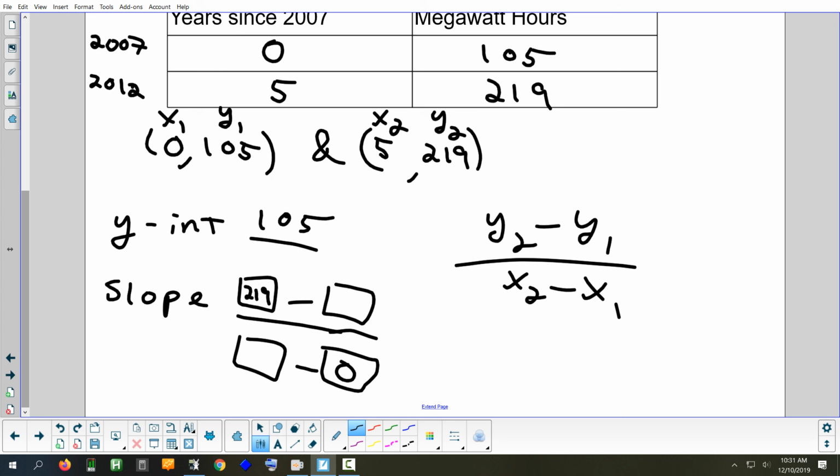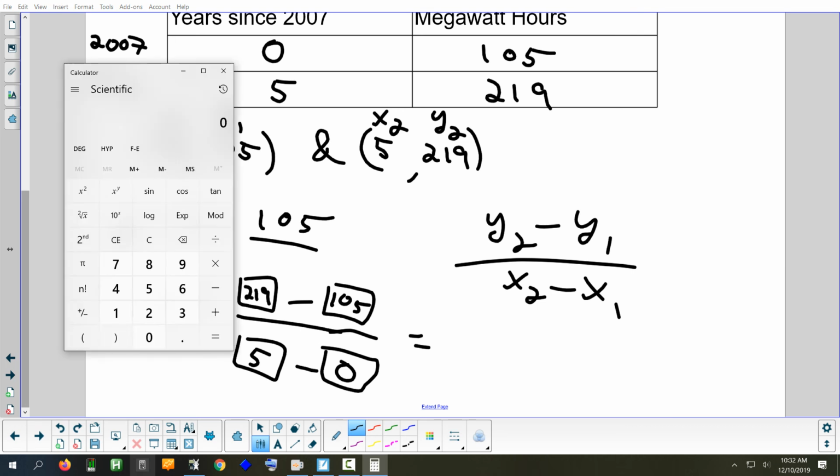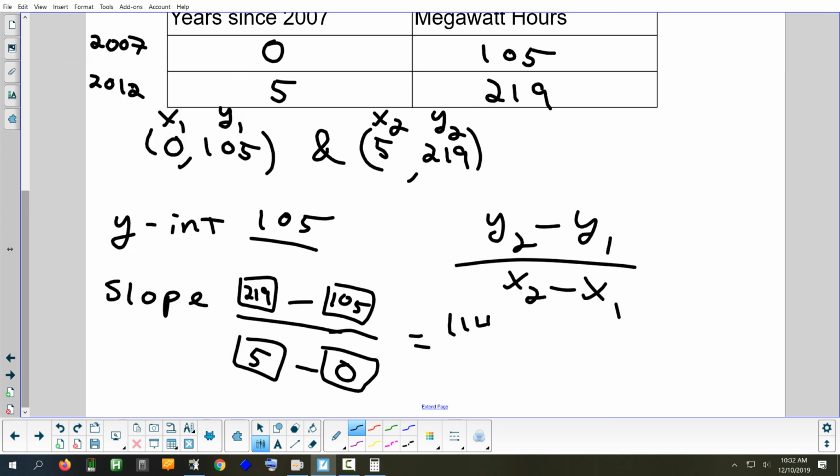How about y1? 105. X2? 5. And Blake just told us x1 was 0. All right, 219 minus 105. Let's see what we get. 219 minus 105 is 114. Divided by, what's 5 minus 0? Just 5.